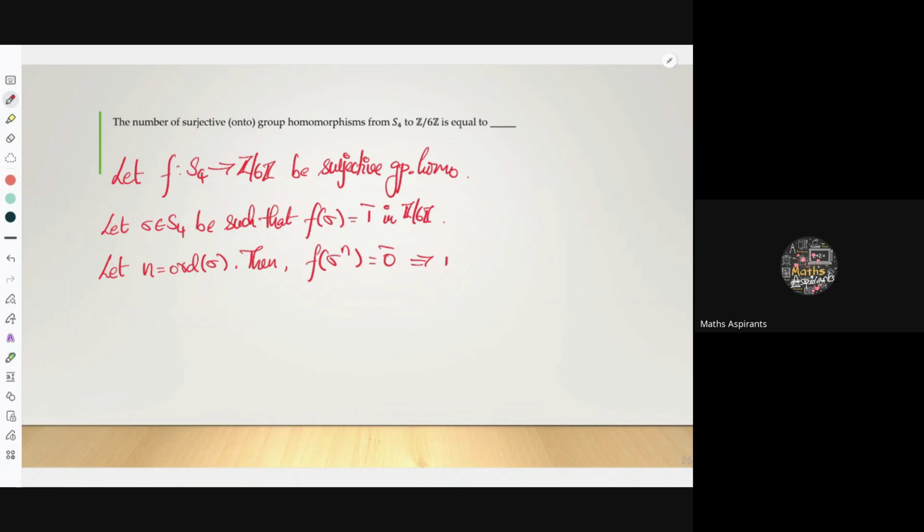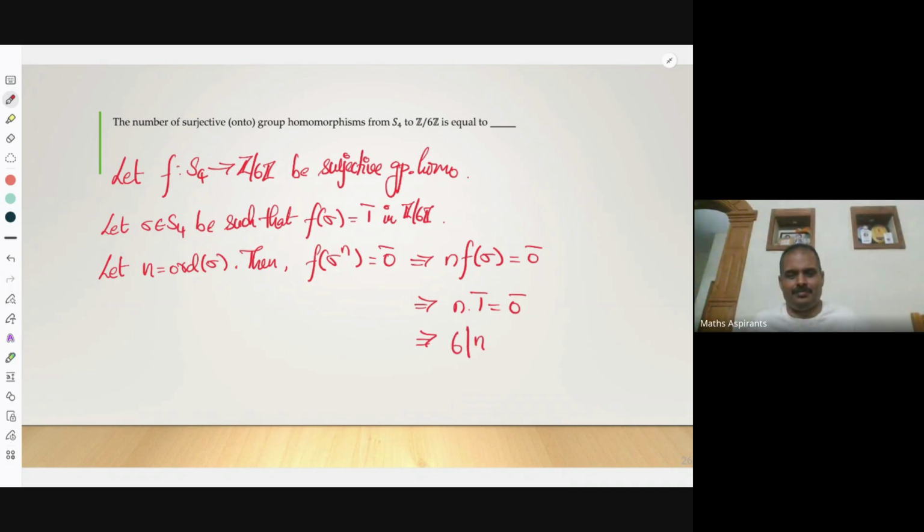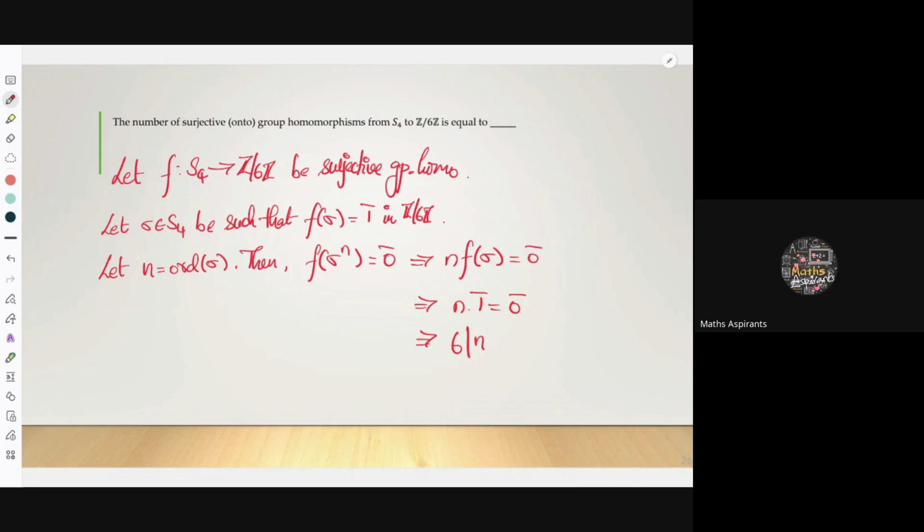This implies n times f of sigma is equal to 0 bar. This implies n times 1 bar equals 0 bar, which implies 6 divides n. 6 is basically the order of 1 bar. So we have 6 divides n.